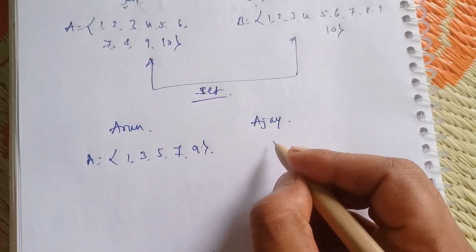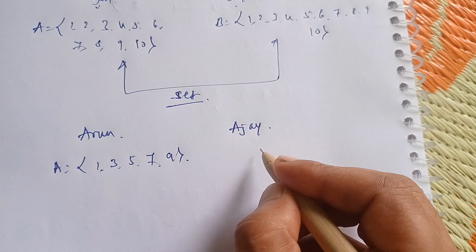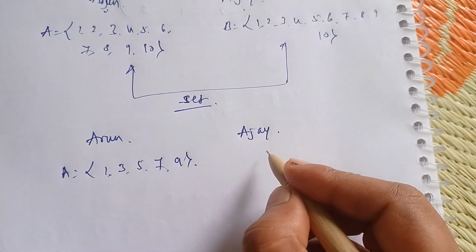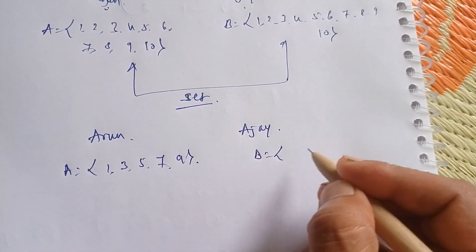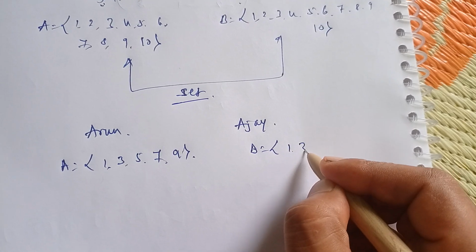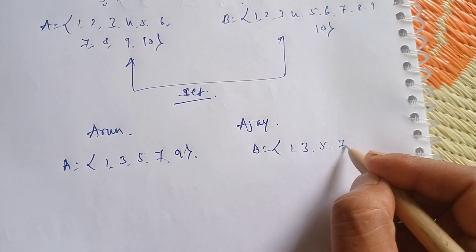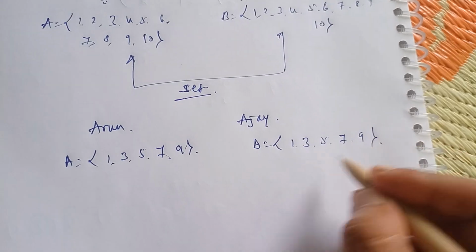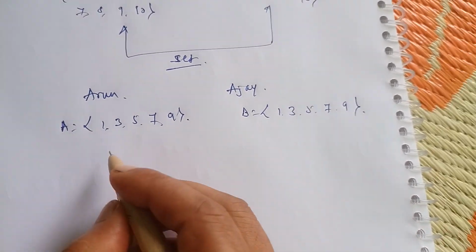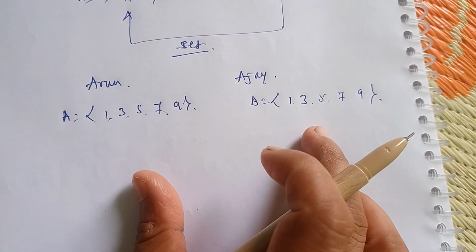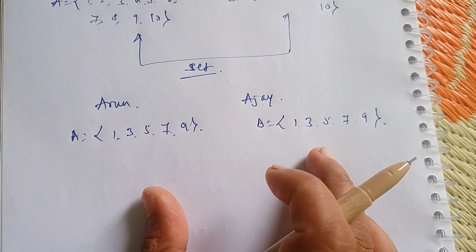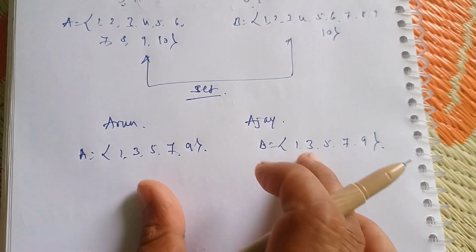I tell Ajay the same thing, collect the first odd natural numbers. This is also the same. The collections of objects are the same. So this type of collection is called a set.